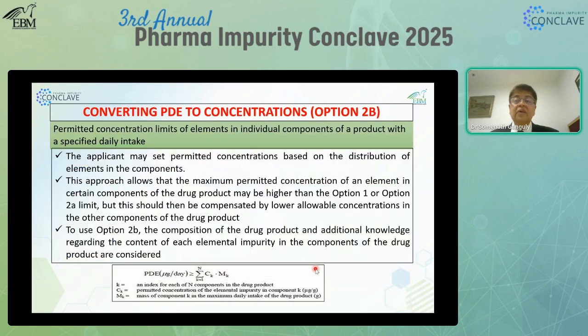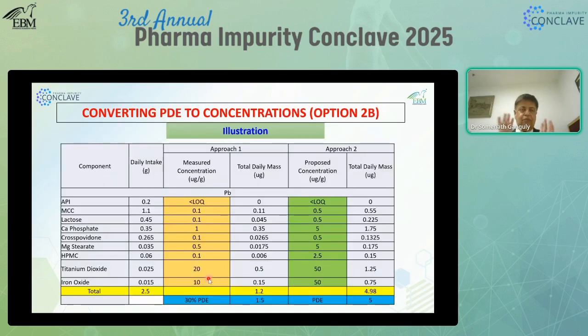Now you come to option 2B. Option 2B is giving you an option. If you come to the formula, basically for each excipient you have to calculate the maximum PDE. One of the basic differences between option 2A and 2B is that 2B gives you the option, and I am showing you one illustration, approach 1 and approach 2.